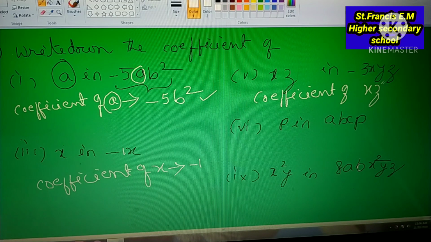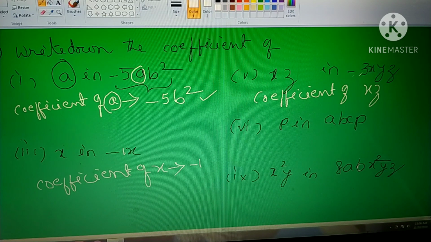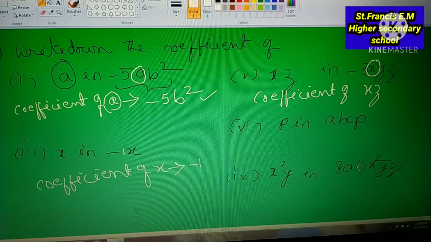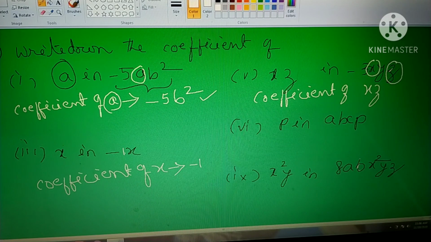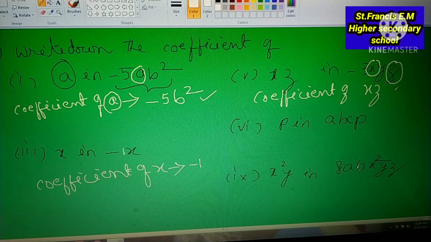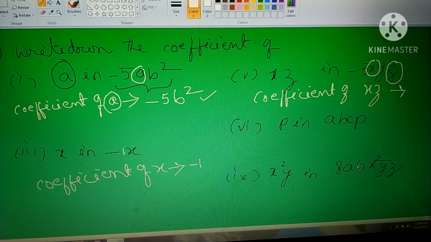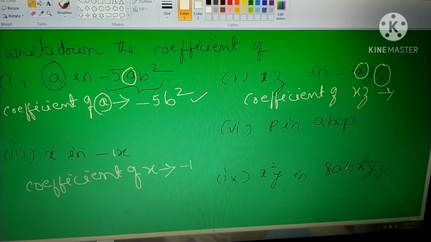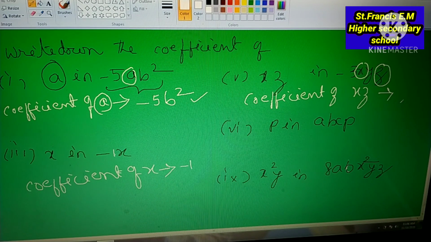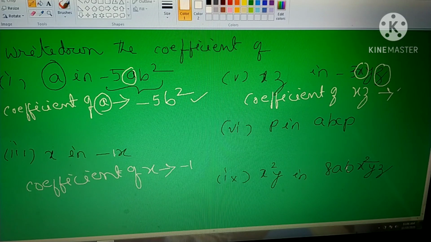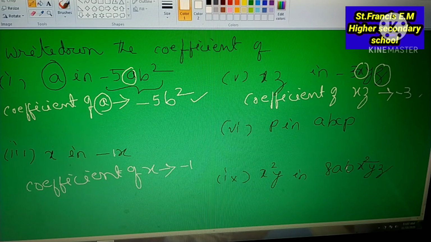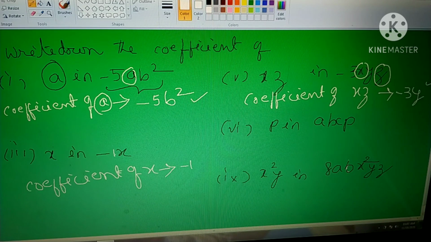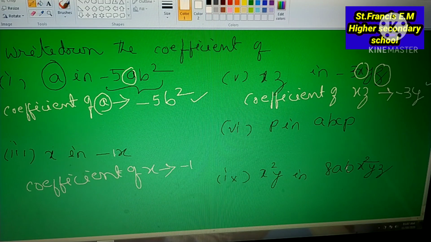So ignore these x and z and write down the remaining factors along with the symbol, here minus. So minus 3, I am leaving that x and z and writing the y. So minus 3y is your coefficient for this xz.